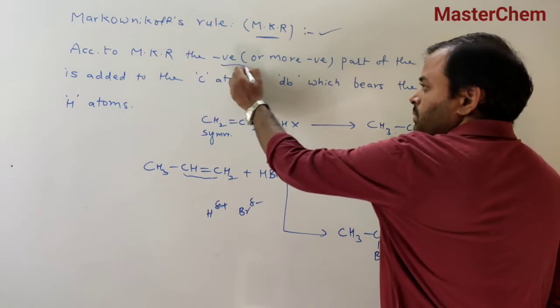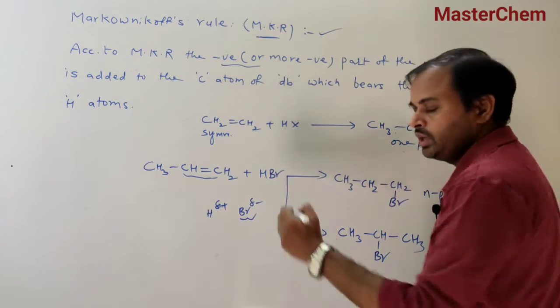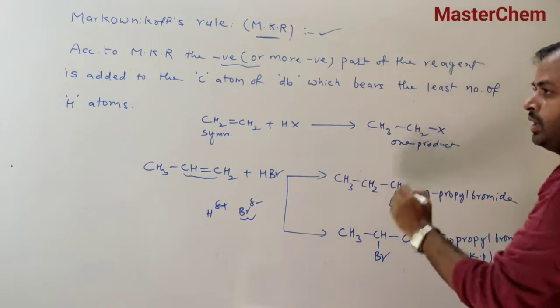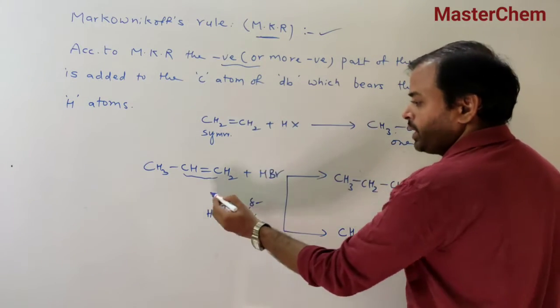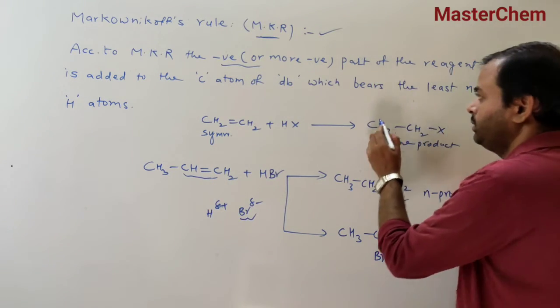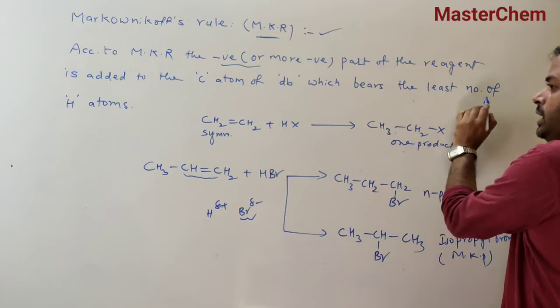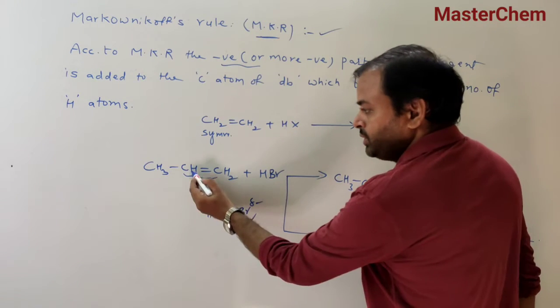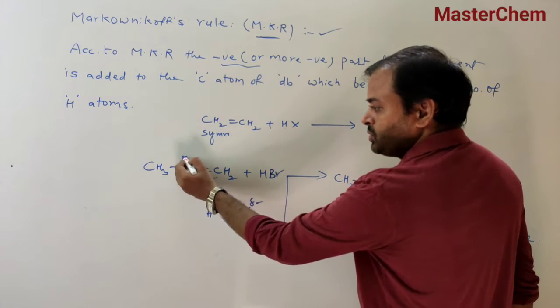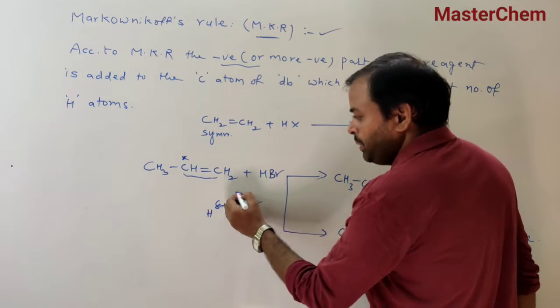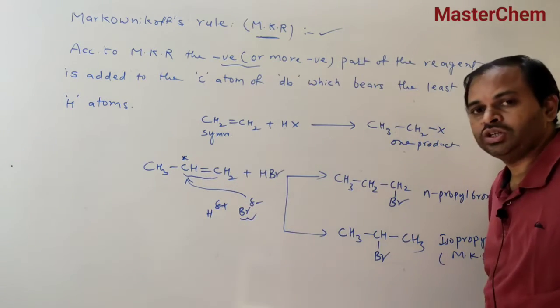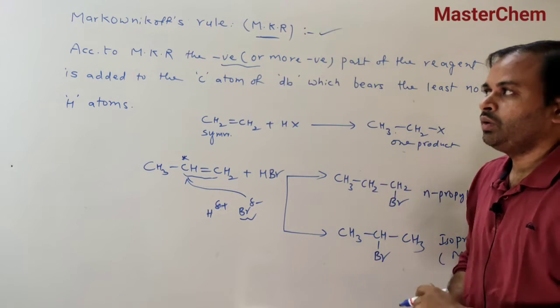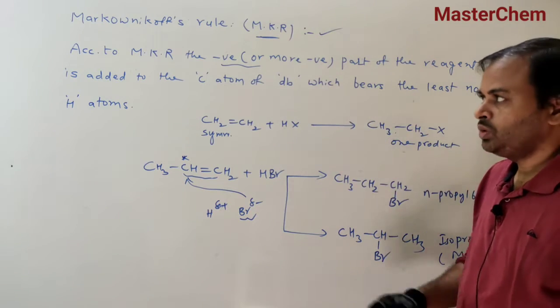So the negative part of the reagent is added to the carbon atom of the double bond which bears the least number of hydrogen atoms. Which has the least number of hydrogen atoms? This one. That's why Br minus is attached here.